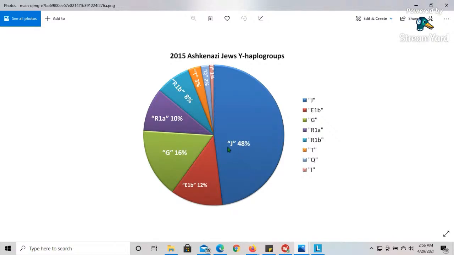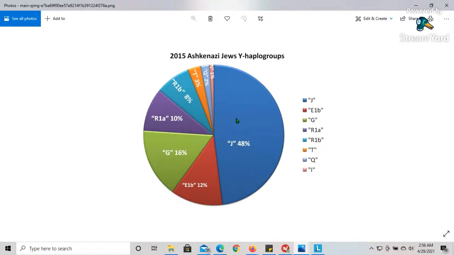And this is the J Y chromosome of the Ashkenazi Jewish people, which includes Arabic J2. But you see here, I'm not making things up. You see the T, the G, and the E in the Jewish population. Of course, the I is here, a little bit of I, which is in Europe generally anyway.